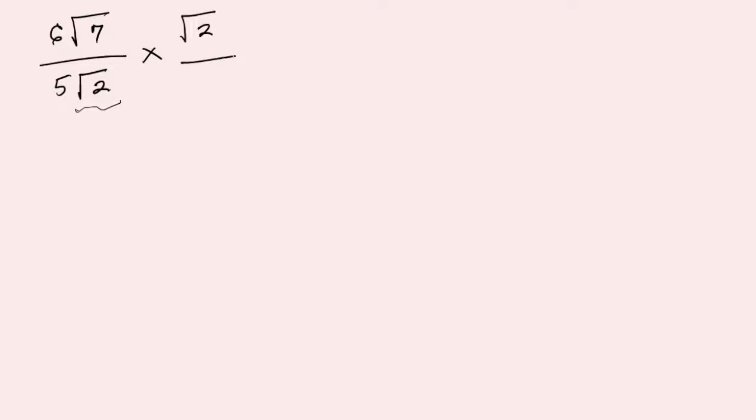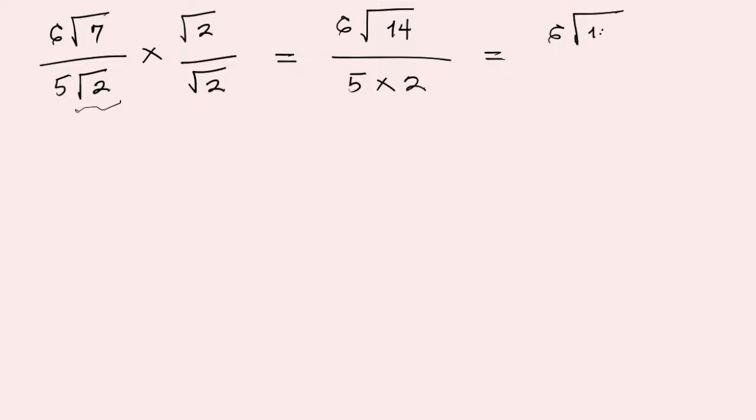So we multiply both sides by root 2, and this becomes 6 root 7 multiplied by 2, 14, and 5 multiplied by root 2 times root 2, which is 2. And so this is going to be 6 root 14 over 10. And we can cancel, 2 can cancel both of these out to give 3 root 14 over 5.